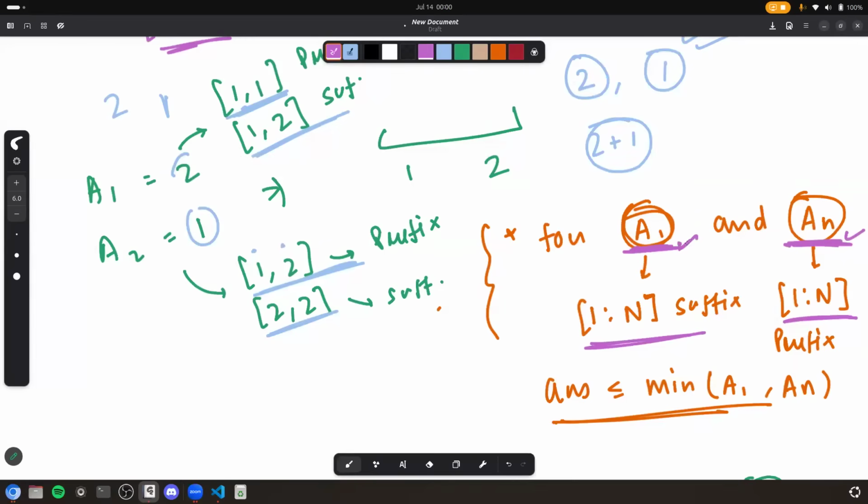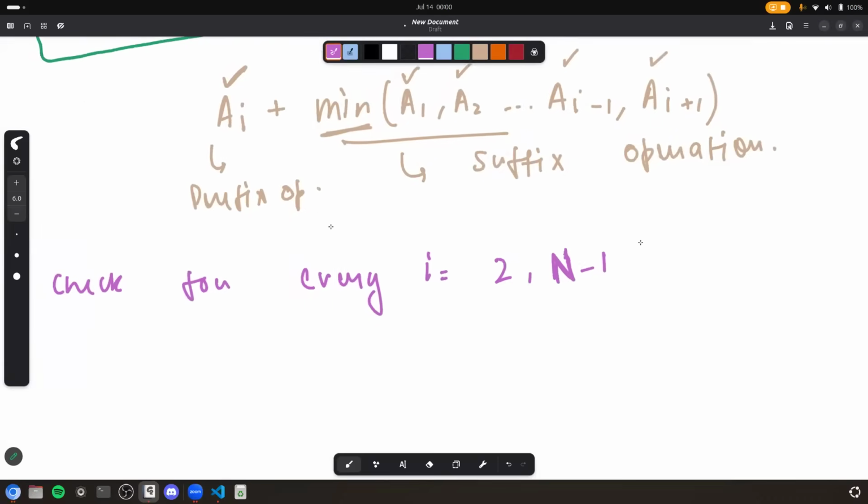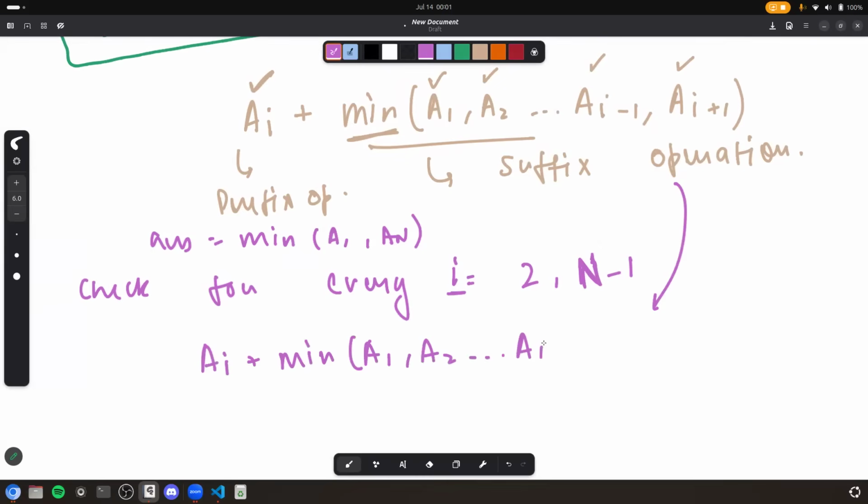So basically we leave these out and just initialize the answer with minimum of A1 and AN. And then we can check for every I, this cost function, basically AI plus minimum of A1, A2, AI minus 1, comma AI plus 1.